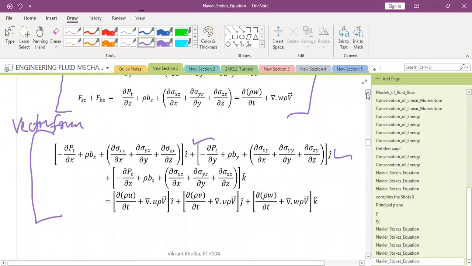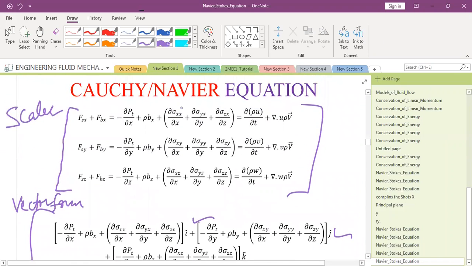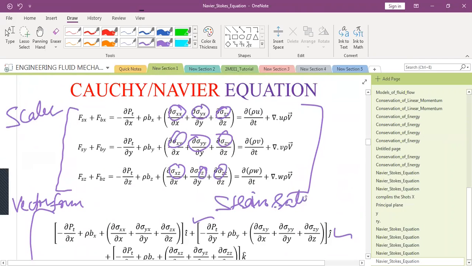Now, what do you think is the next purpose? Converting these into what? Derivatives of velocity, or strain rates.